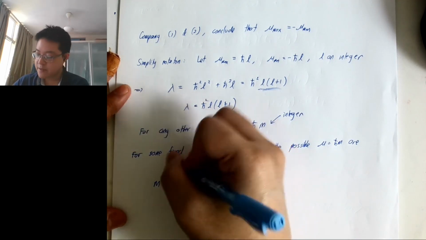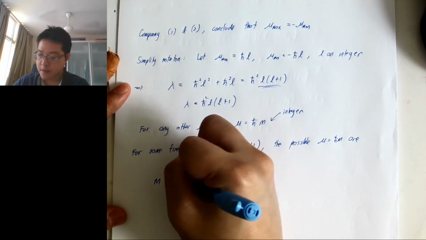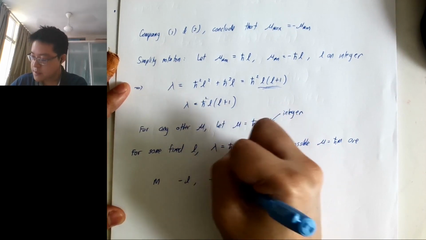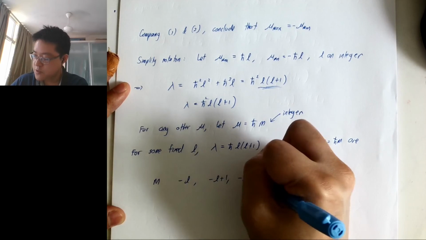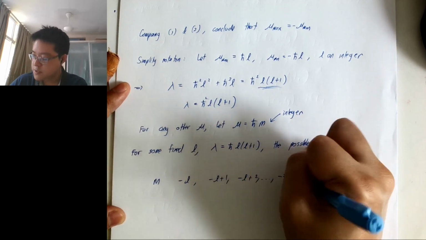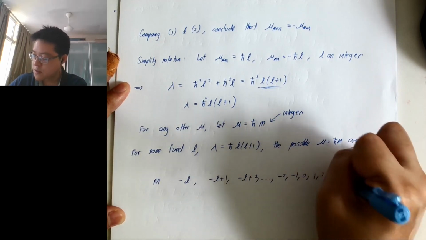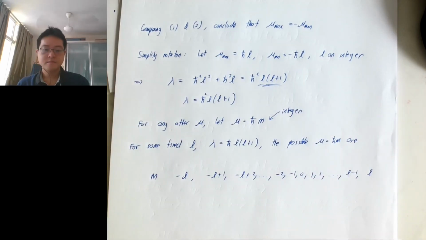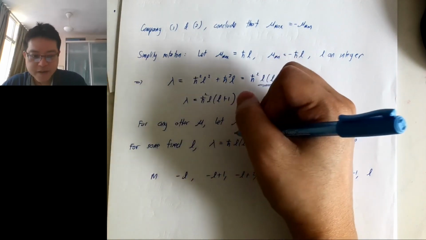So over here, the m can go from minus L, then minus L plus 1, minus L plus 2, dot dot dot, minus 2, minus 1, 0, 1, 2, dot dot dot, L minus 1, and then L. Oh yeah, I forgot the h bar square. Yeah, you're right.